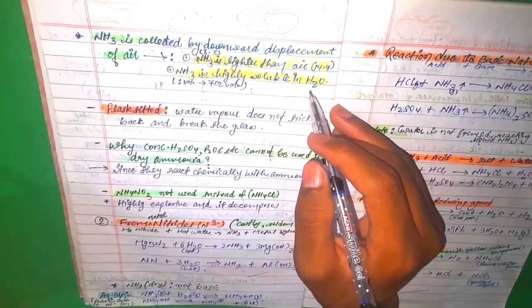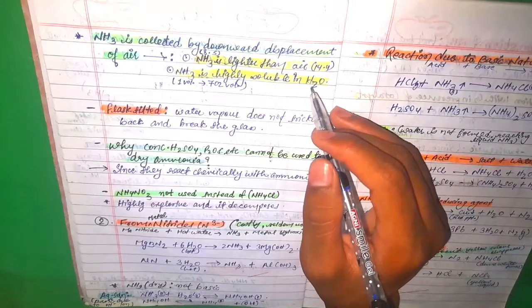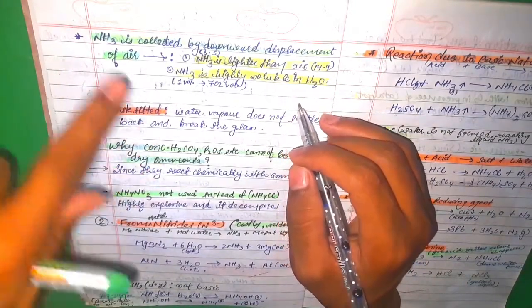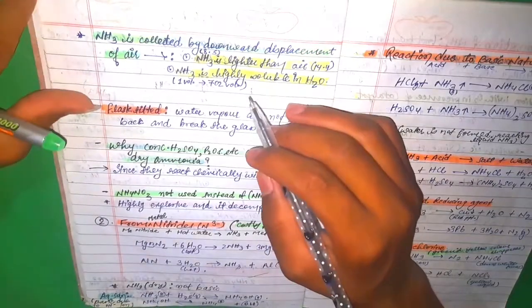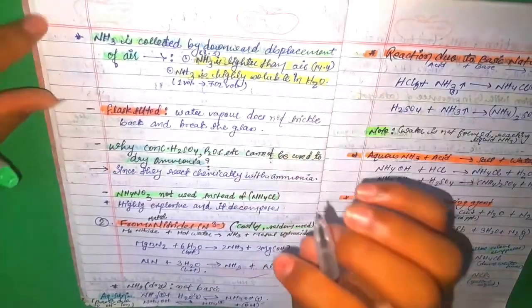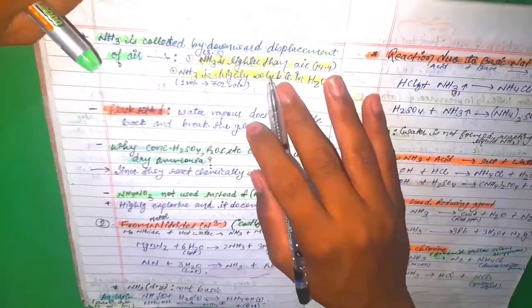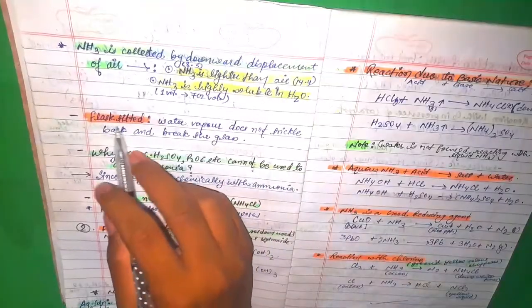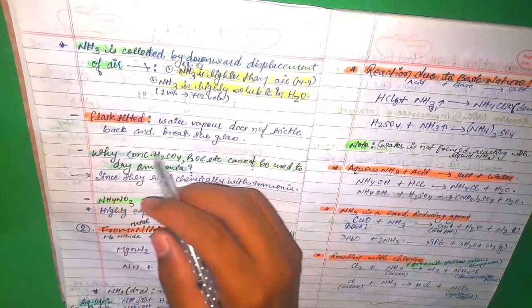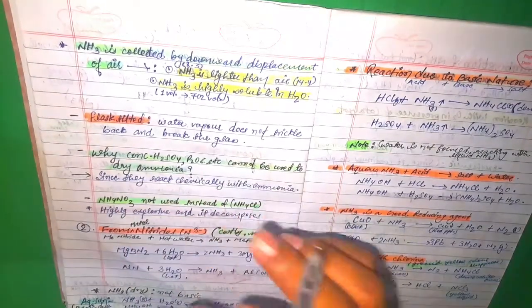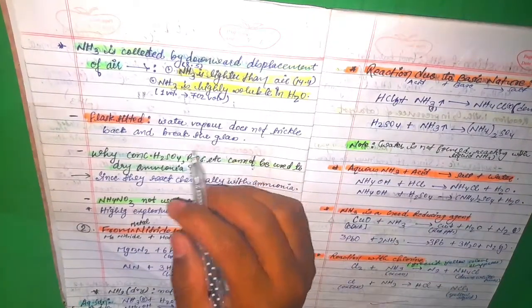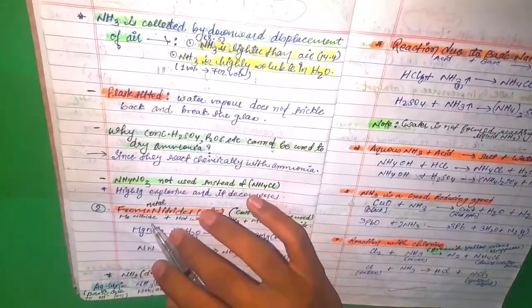You can watch that video, that was the HCl chapter. Both HCl and NH3, ammonia, have the fountain experiment for proving that ammonia and HCl are highly soluble in water. Now moving to the next, the flask was tilted so that water vapor doesn't trickle back and break the glass, so that the water vapor formed after heating doesn't get back and break the glass.